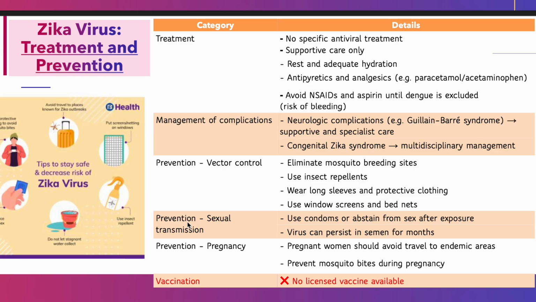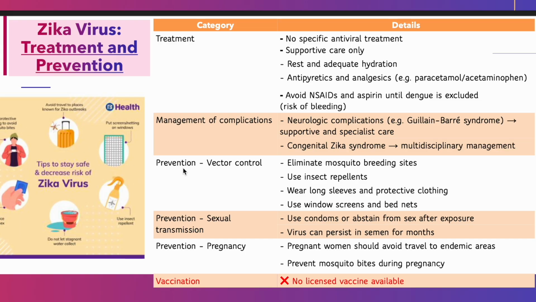For the prevention of sexual transmission as well, use condoms and abstain from sex after exposure, because the virus can persist for months. As you know, the Zika virus can be found in urine and fluids.